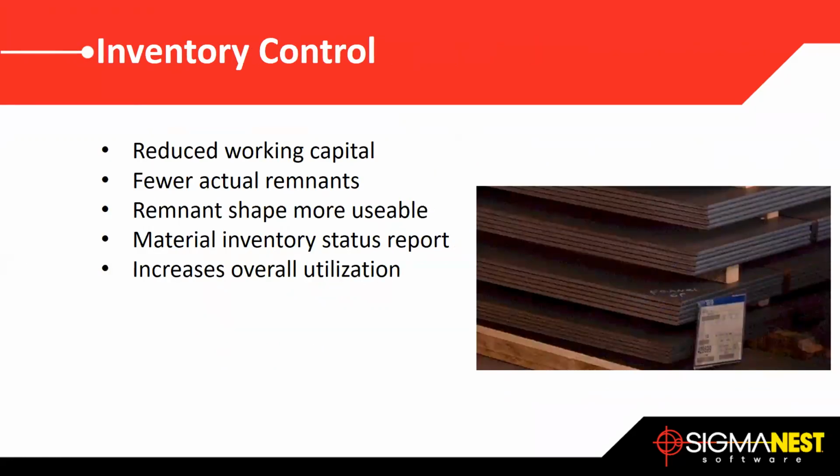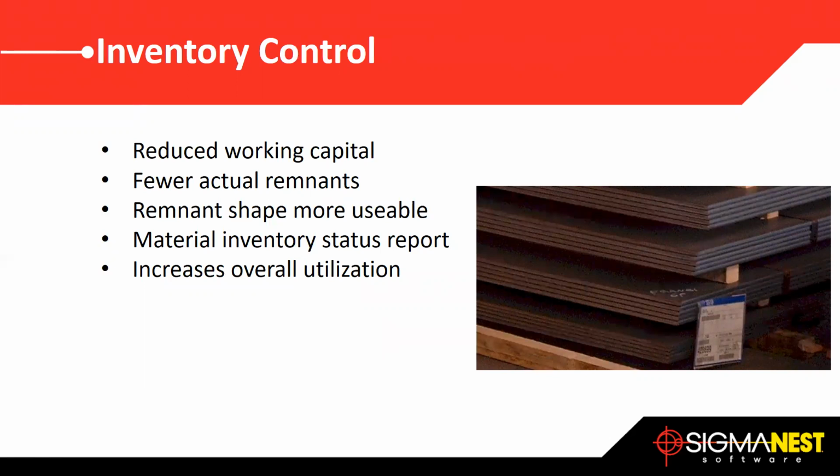Inventory control turns out to be a very important feature in our system. What we can do in there is keep track of our stock, but what's more is we can do a nonlinear crop at the end of the nest, check that back into our system, and then we can pull that back out.